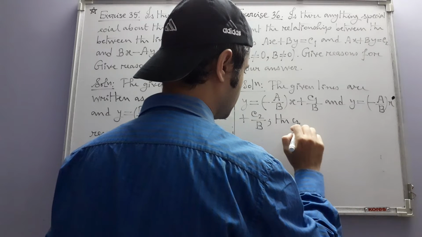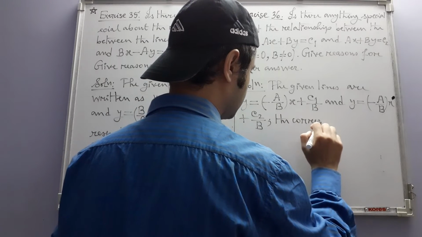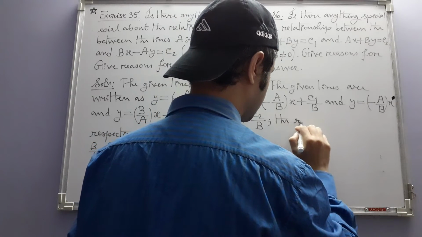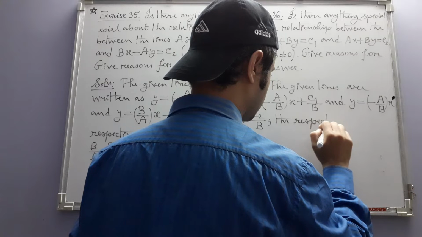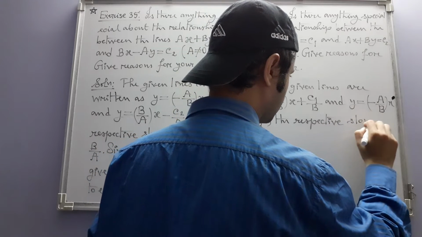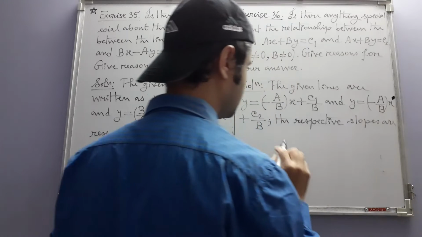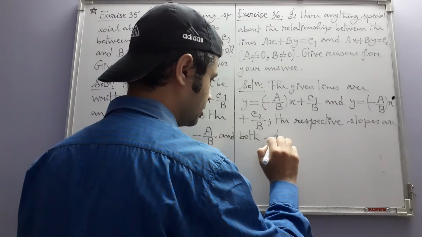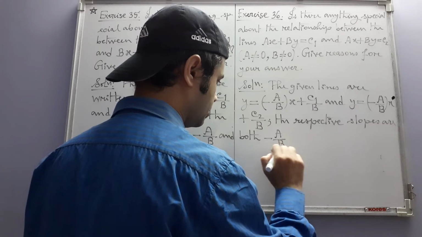The respective slopes are both minus a divided by b.